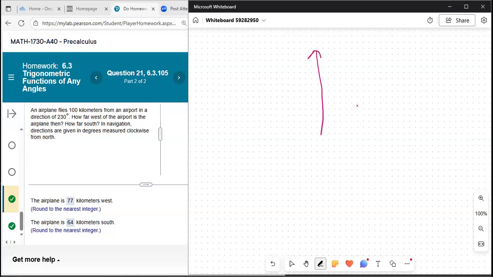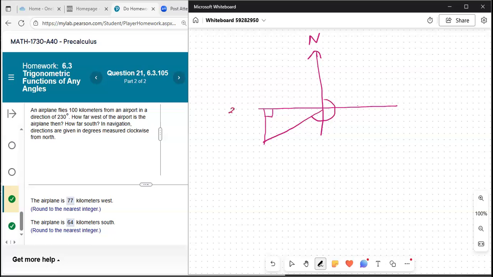Okay, so now we always do navigation starting with the north. And it says an airplane flies 100 kilometers from an airport in a direction of 230 degrees. So we have 90, 180, 230. Draw the reference triangle.